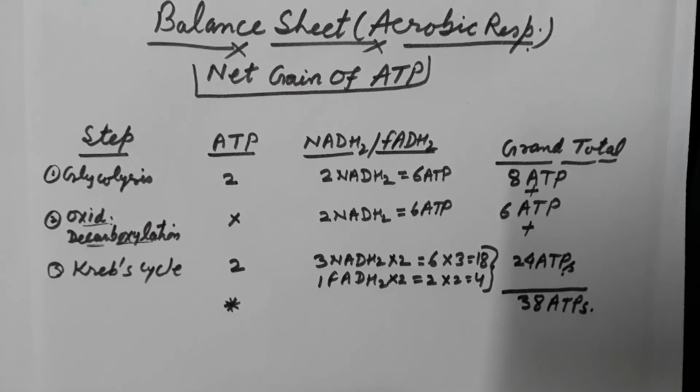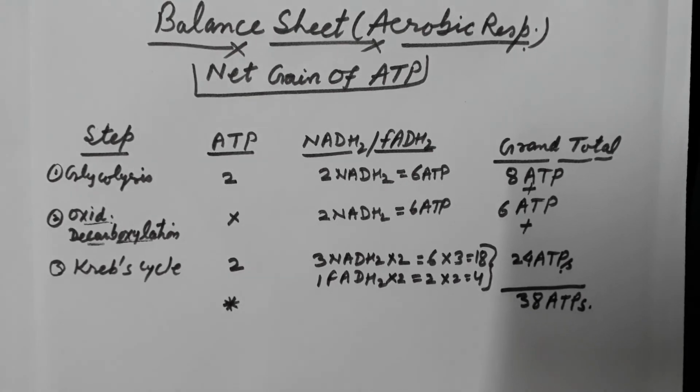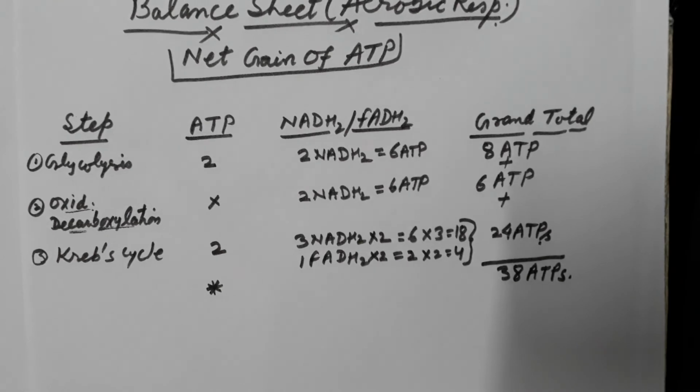So the NADH2 produced in glycolysis in the cytoplasm of the cell are transported from the cytoplasm to the mitochondria. So here 2 ATP molecules are utilized. So on the whole, 36 ATP are produced in aerobic respiration.